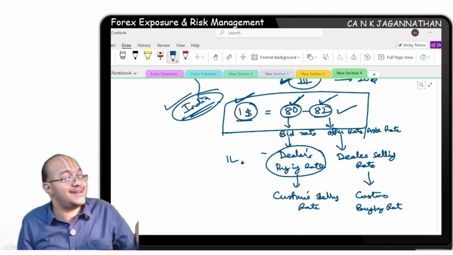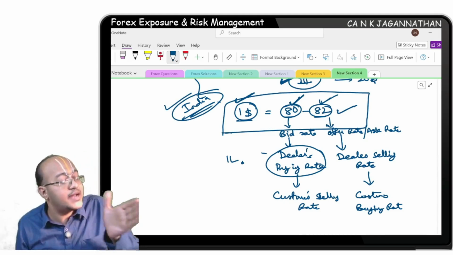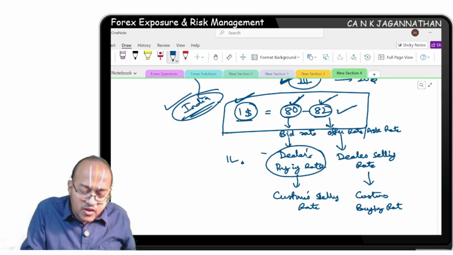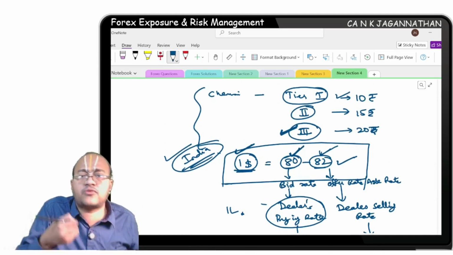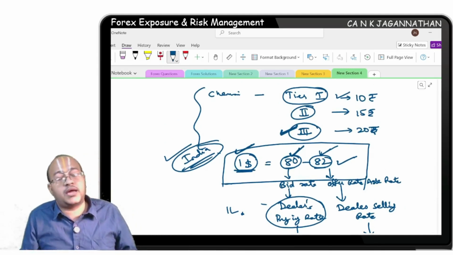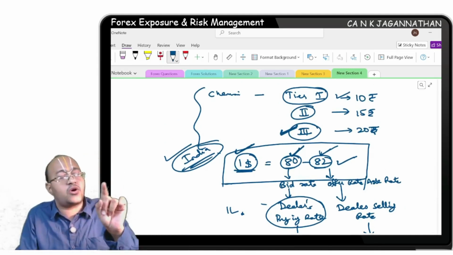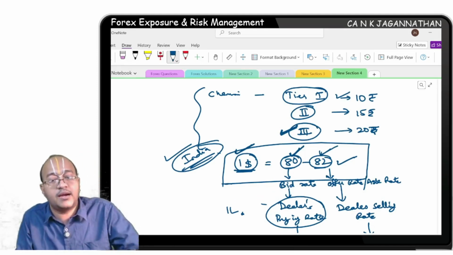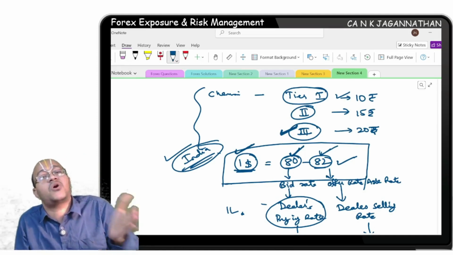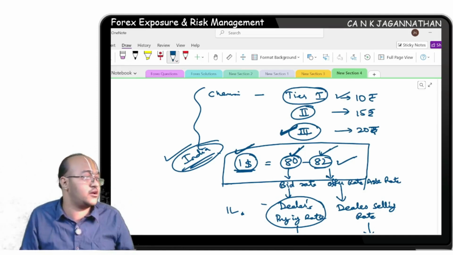If the quote is an indirect quote, okay, very simple. An indirect quote is a quote for INR and not for dollar. Hence, the offer rate of the direct quote becomes the bid rate of the indirect quote, and the bid rate of the direct quote becomes the offer rate of the indirect quote. Are you listening? Why?